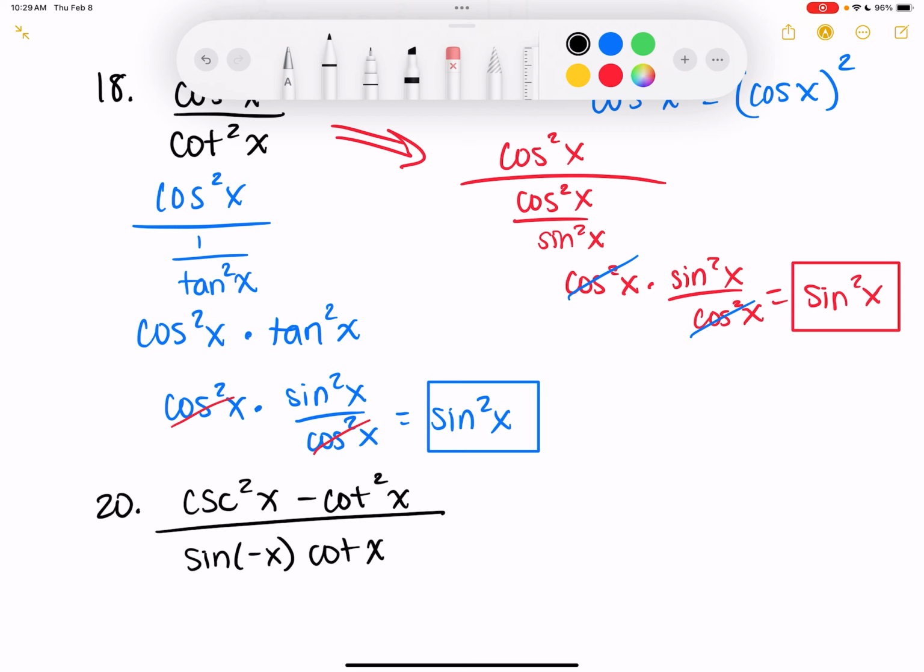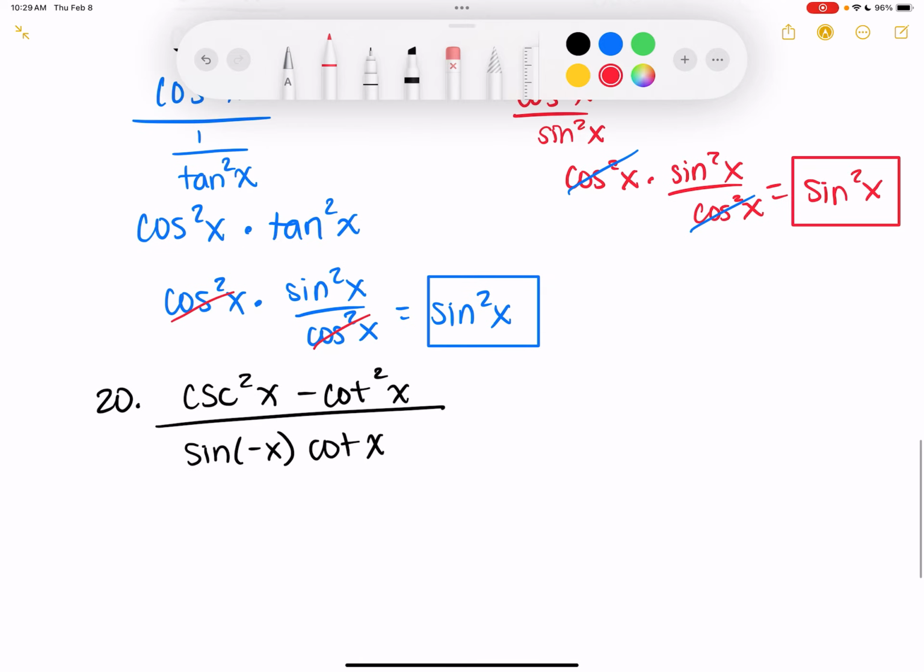So I need to try to rewrite things. I need to take something out. For the moment, disregard the top. I'm going to do the top in just a second. Start with the bottom. What is this? Negative sine x.